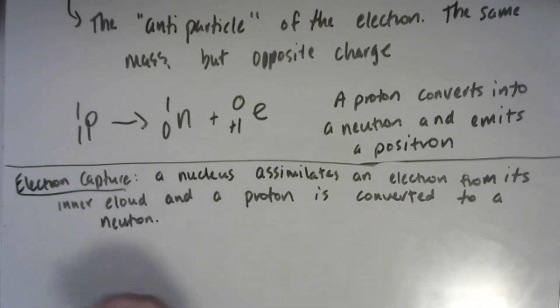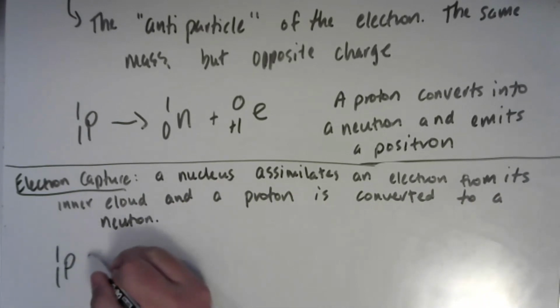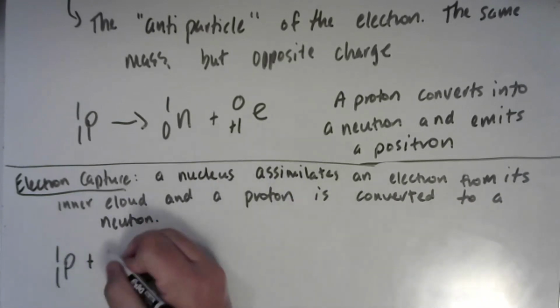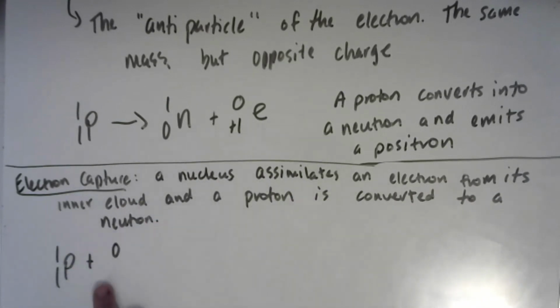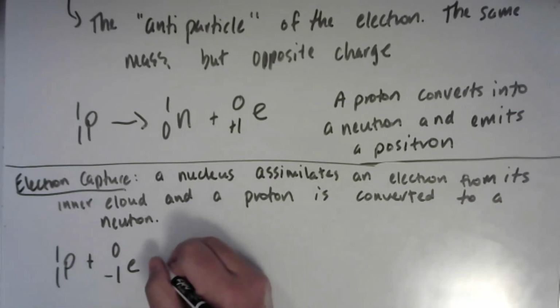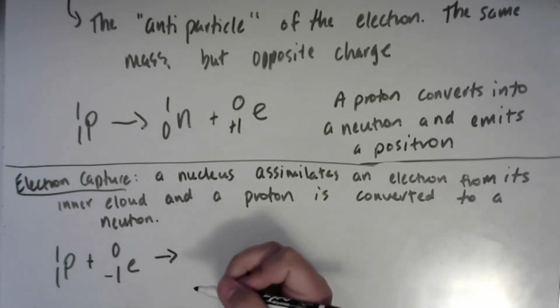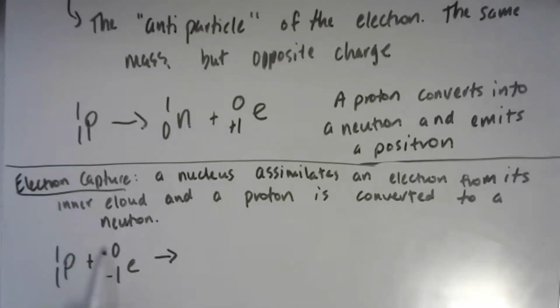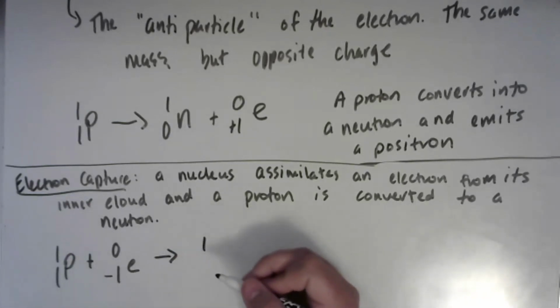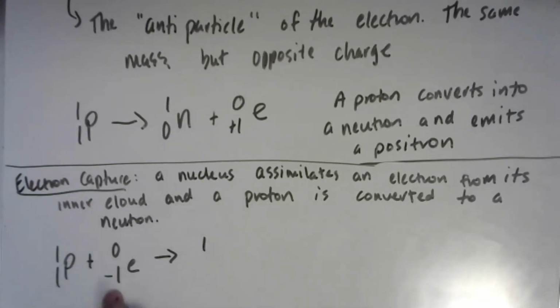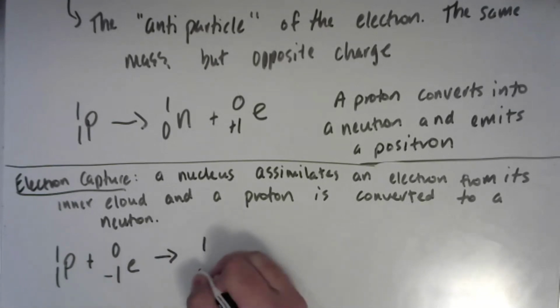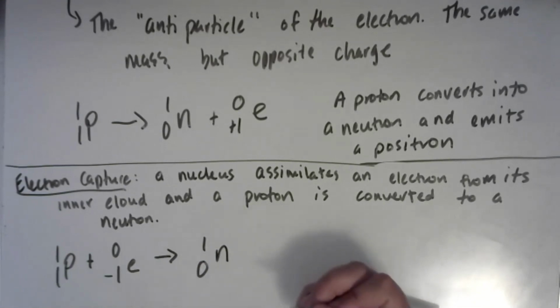Okay, so you're going to see that you have a proton, and you're going to capture an electron. So you're going to have the electron on the reactant side this time. And what's going to be left? Well, when I add 1 plus 0, I'm going to have 1. When I add 1 plus -1, I'm going to have 0. And this indicates a neutron.